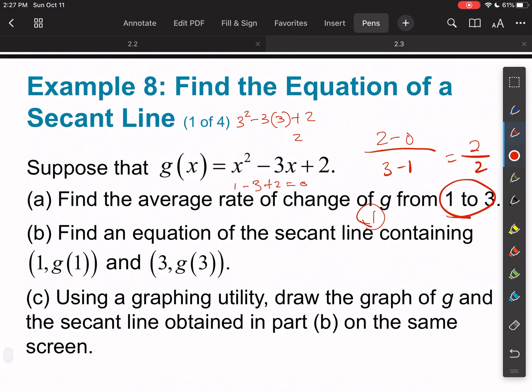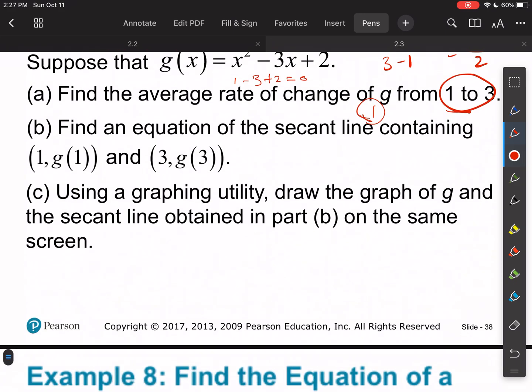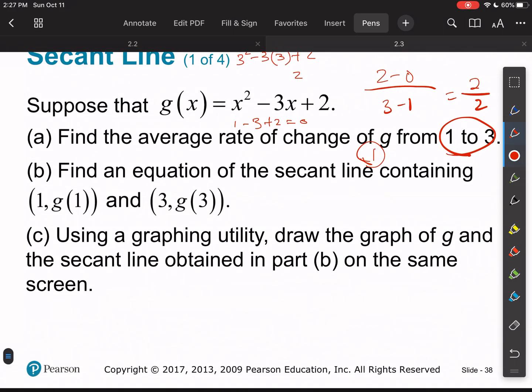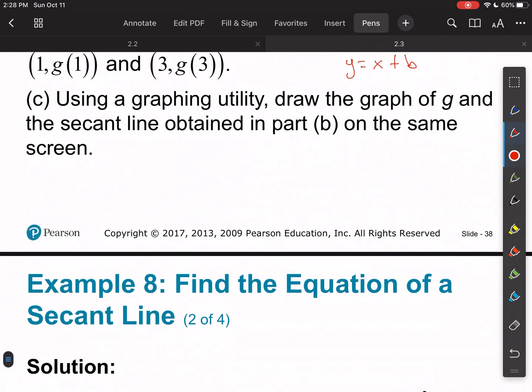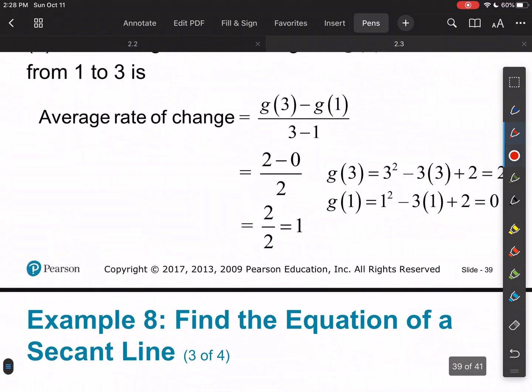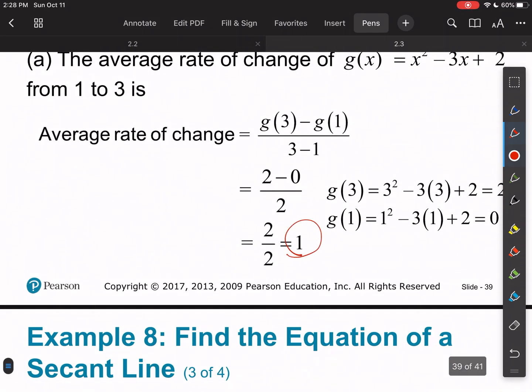My slope between these is 1. Let's see how they do it, but you could put this into just slope-intercept form. You know that it would be y equals x plus b, and you'd have to determine b by plugging in an xy combo. Let's see if that's how they do this. So notice they got 1 for their slope like we did.